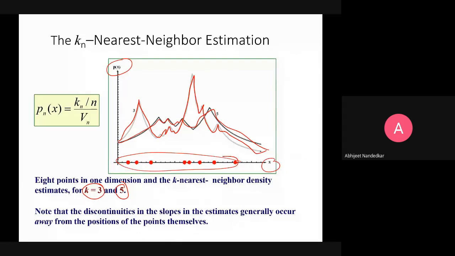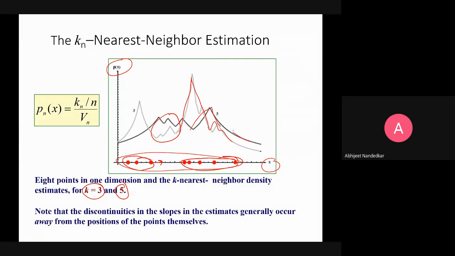You can see that whenever you are near these samples, you have a very smooth region. The slopes are smooth, but when you go away from this, you will find there are some distortions or jiggers in your graph. So you can see here, this is the region where you have samples, so you get a better estimation here.